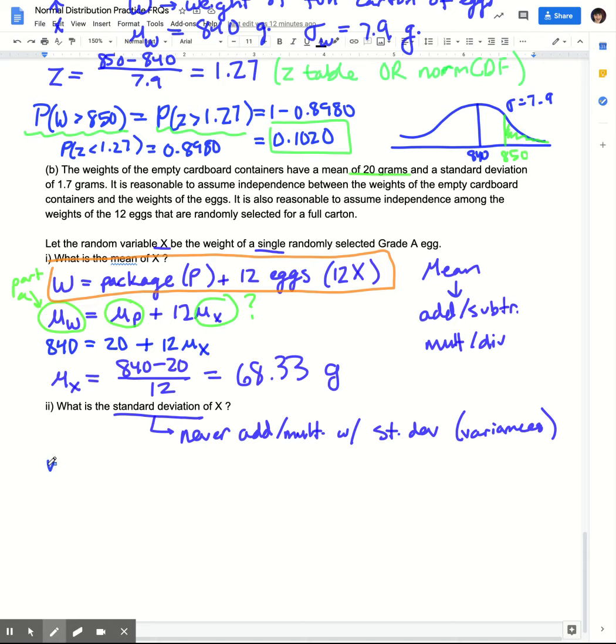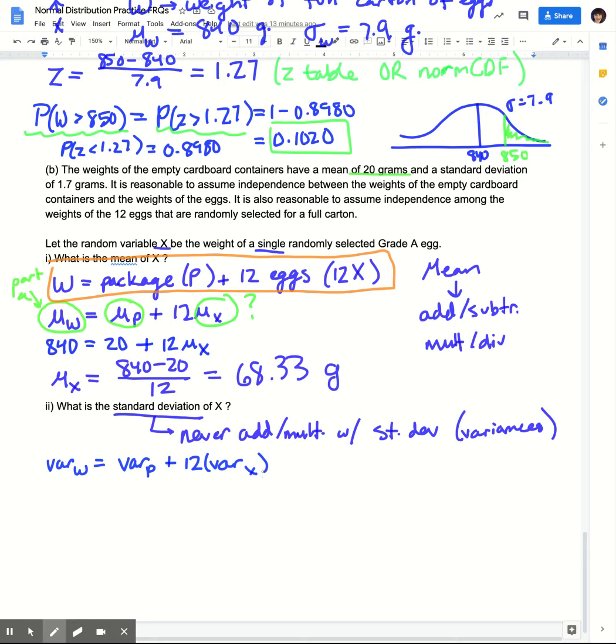So the variance of the whole carton is equal to the variance of the packaging plus 12 times the variance of one egg.